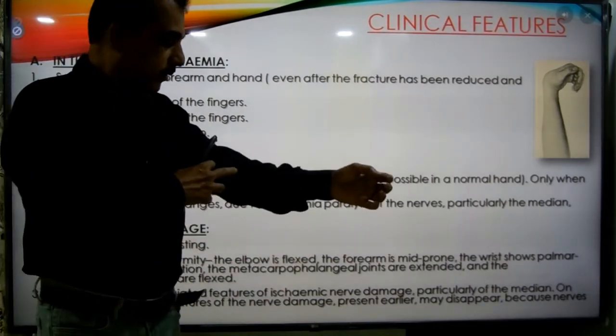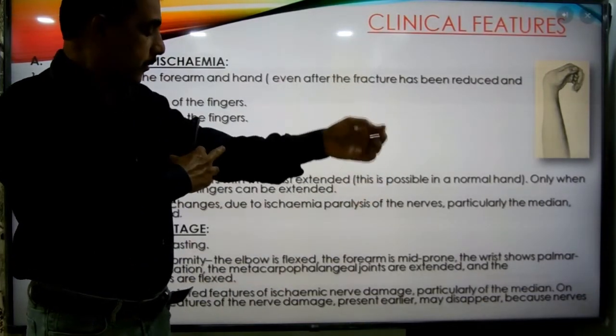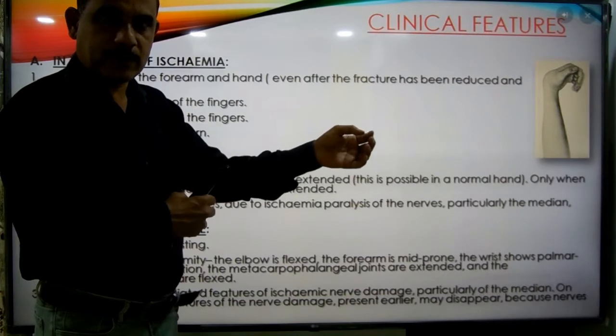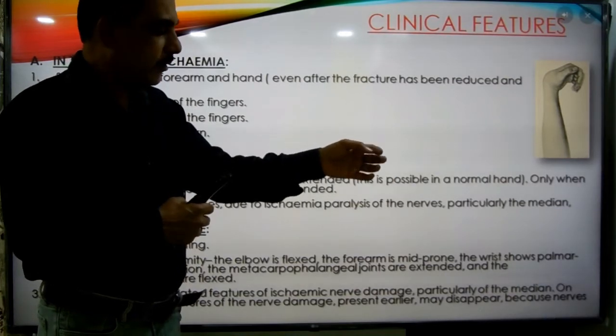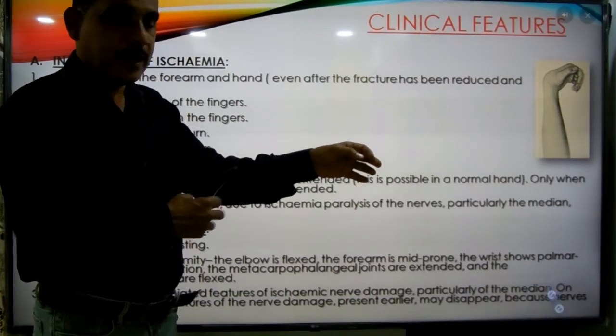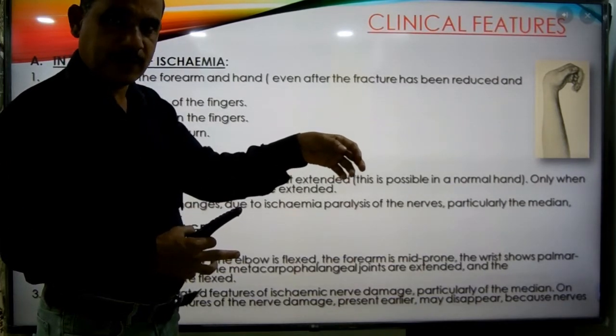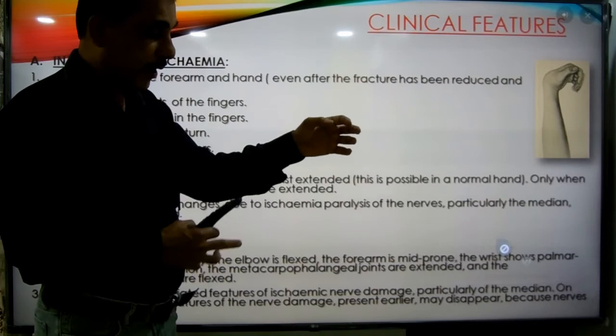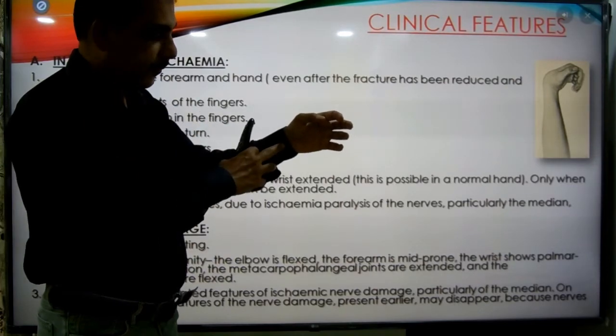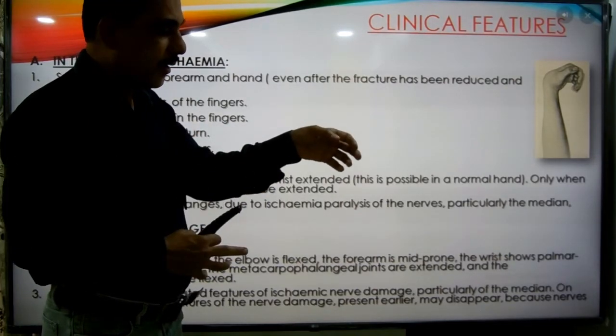First, see towards me. The elbow is slightly flexed. The forearm is pronated. The wrist is flexed with ulnar deviation. See, the wrist is flexed where? To the palmar side, flexed with ulnar deviation.